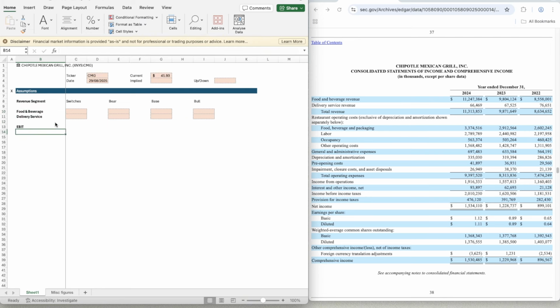We go EBIT, WACC, that's the weighted average cost of capital, and TGB is the terminal growth value. And in these, we just leave it at 2 on the base.